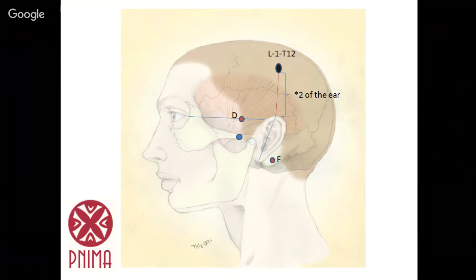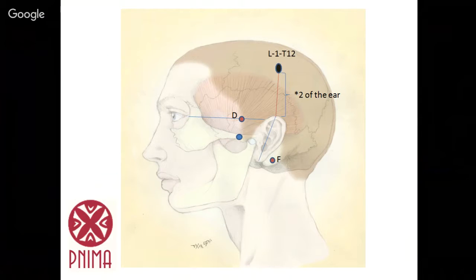This point is located about a centimeter just above the mastoid process, on the bone between Sanjiao 17 and Sanjiao 18. You look for sensitivity there, in a lump.